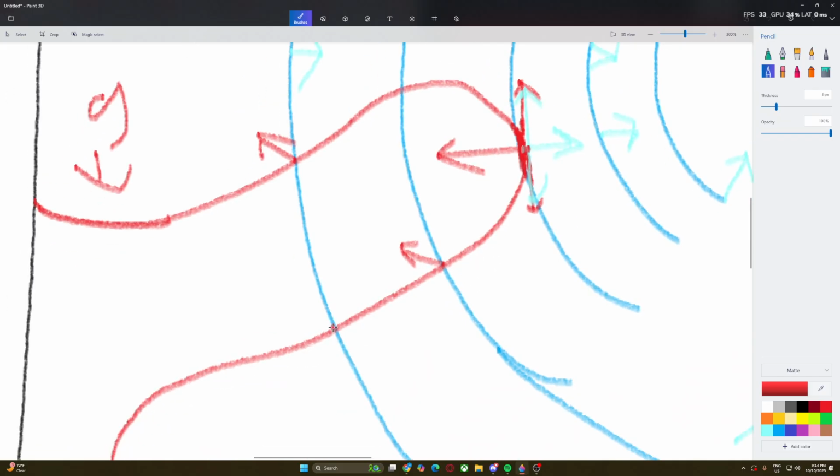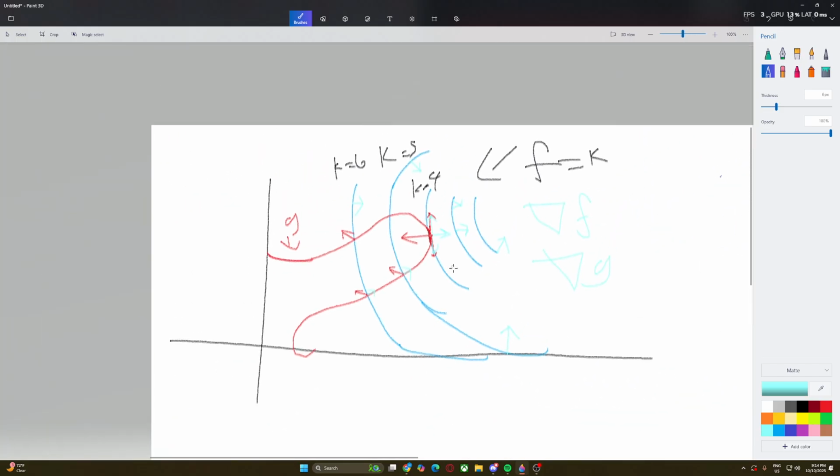It would be probably pointing the opposite way of the gradient lines of f. That's what I'm basically trying to picture right now.